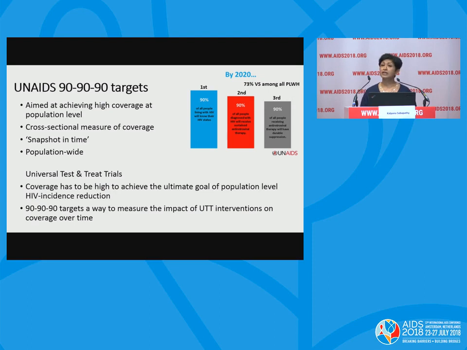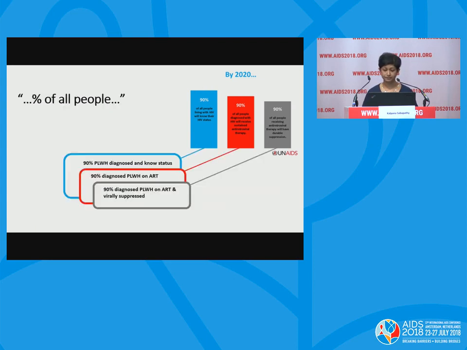In the context of the universal test and treat trials, coverage has to be high in order to achieve the ultimate goal of population-level HIV incidence reduction. And the 90-90-90 targets are a way to measure the impact of the UTT interventions on coverage over time.